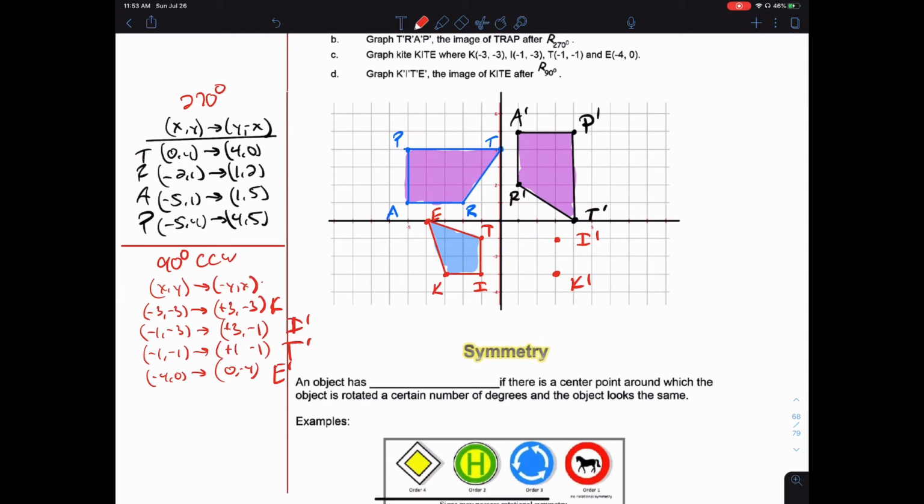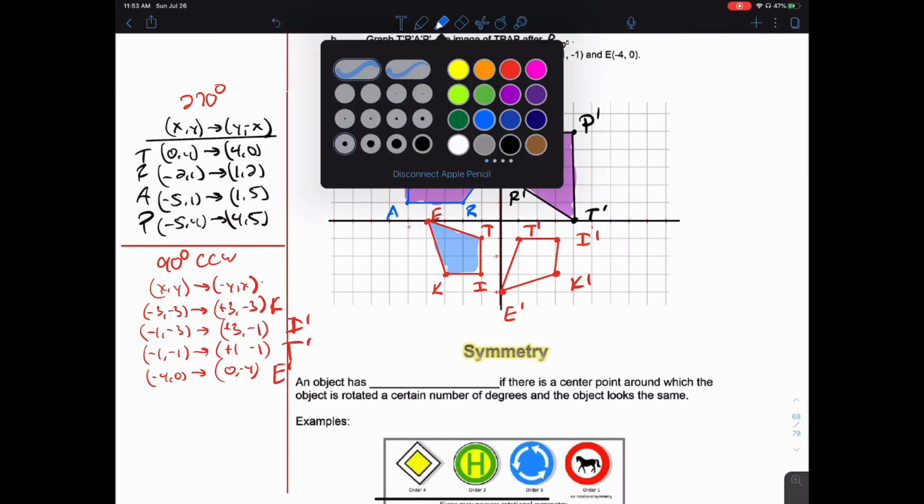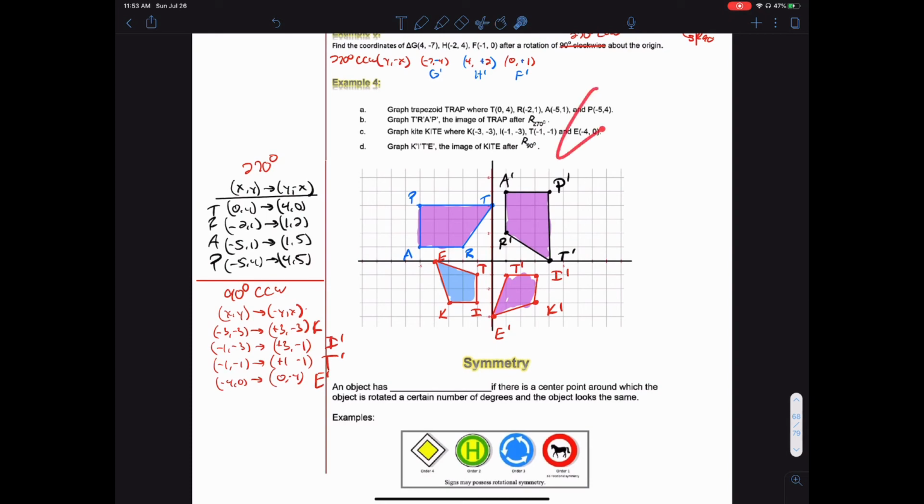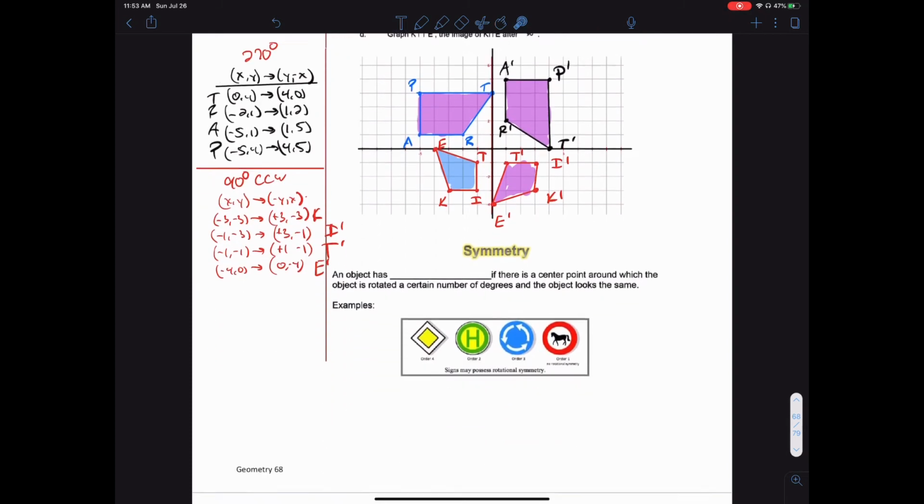T prime is 1, negative 1. And E prime is 0, negative 4. Connect those using your company issued straight edge. And we have the image. So we did all D of those steps.